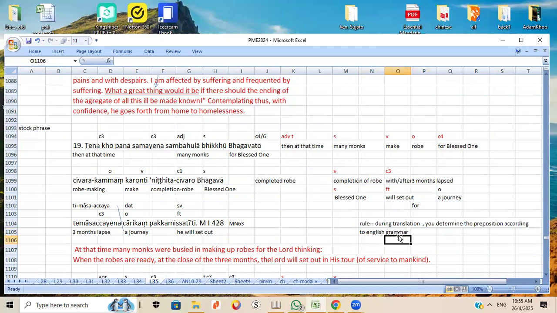That means the Pali preposition is not always equal to English.